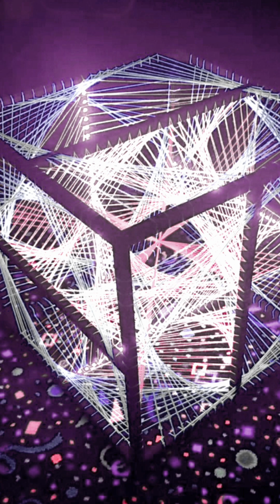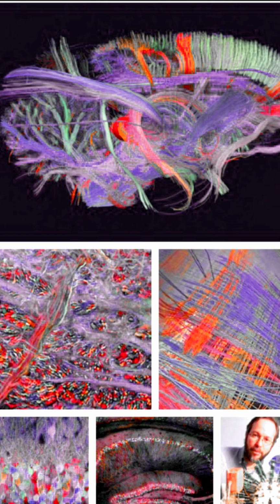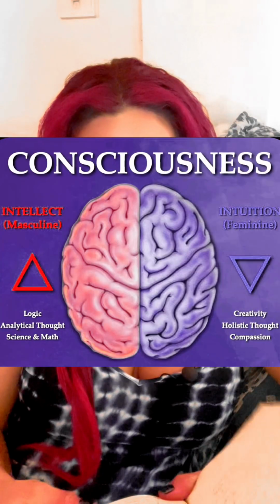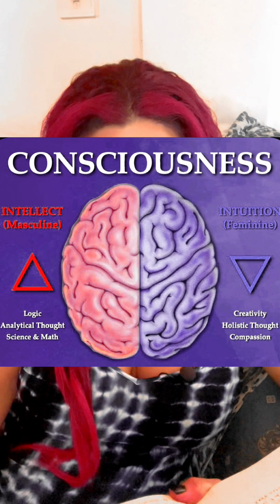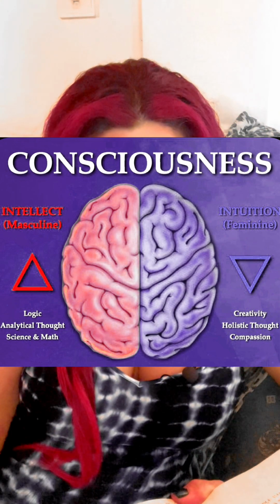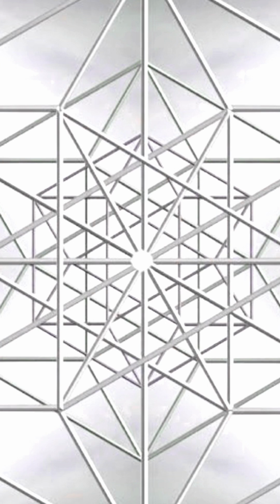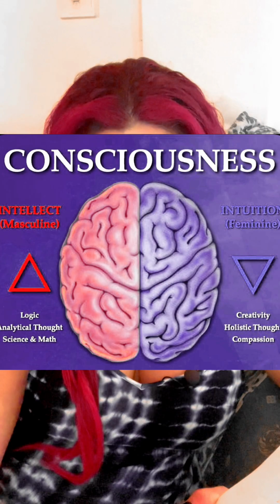And the Tesseract is connected to the left and right brain, and let me explain this really quickly. The divine feminine is an aspect of the divine that embodies nurturing, intuition, and creativity. The Tesseract's multidimensional properties resonate with the interconnected nature of the divine feminine and also the divine masculine.